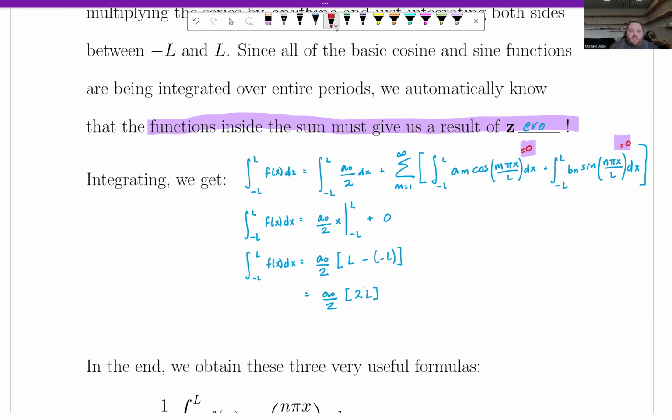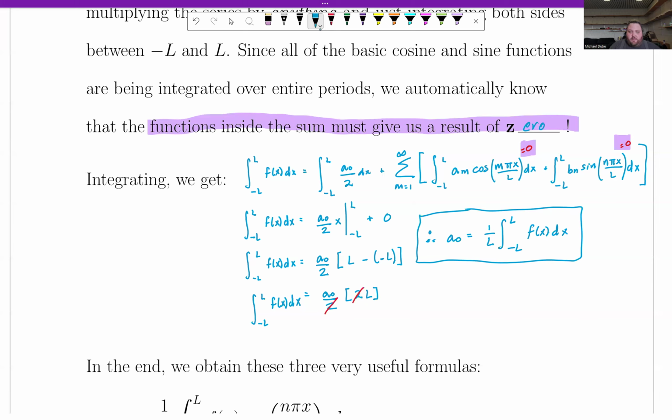And so we get the integral from negative L to L of f of x dx is equal to a naught times L. And so therefore, a naught is equal to 1 over L times the integral from negative L to L of f of x dx. Okay, so that means we can also find our coefficient a naught using this third formula that we've now derived.